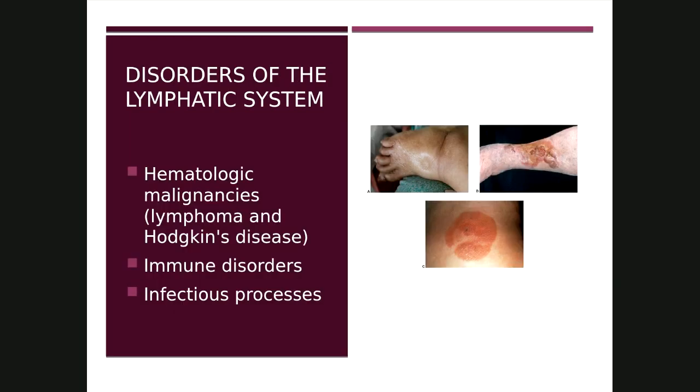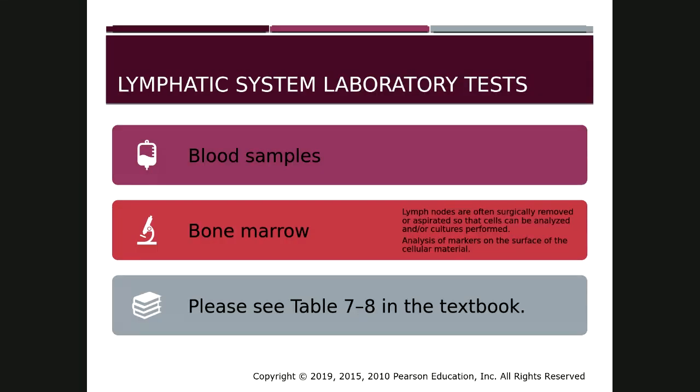These are some disorders: lymphoma and Hodgkin's disease, immune disorders, and infectious processes. Lymphatic system laboratory tests: blood samples. We also perform tests on bone marrow. Lymph nodes are often surgically removed or aspirated so the cells can be analyzed, and or cultures are performed, and markers on the surface of the cellular material are analyzed.